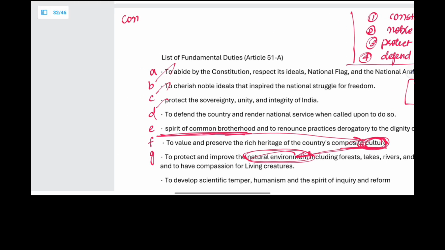Now, when we have a common brotherhood, this is because of our culture. And our culture is oriented towards the natural environment.